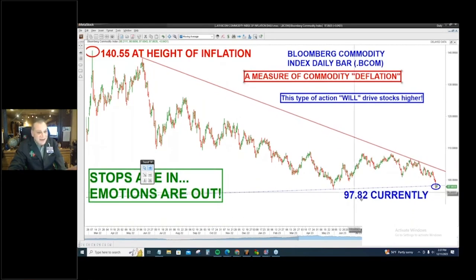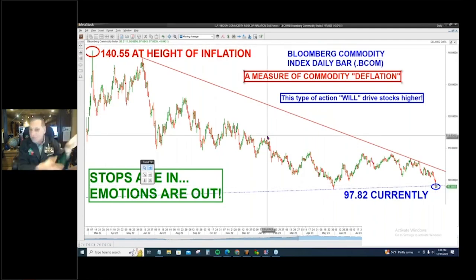You've got 97.82 versus 140.55 at the height of inflation when our supply chains were all screwed up. We have dropped from 145 to 97.82. There is no more inflation. It's just priced-in inflation at this point. So the markets are absolutely, positively, unequivocally going to react to this.